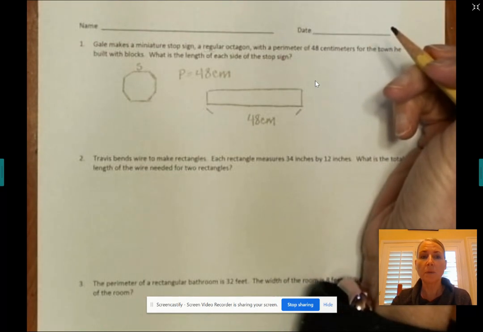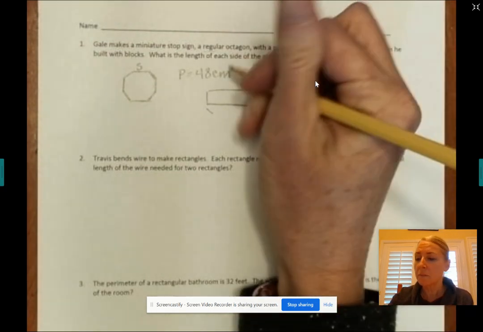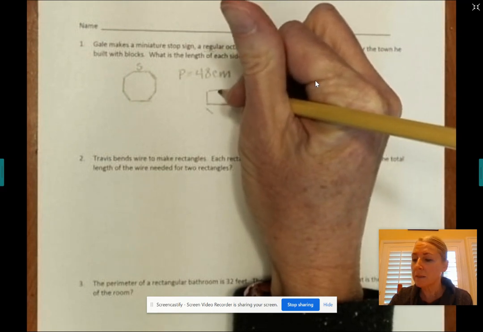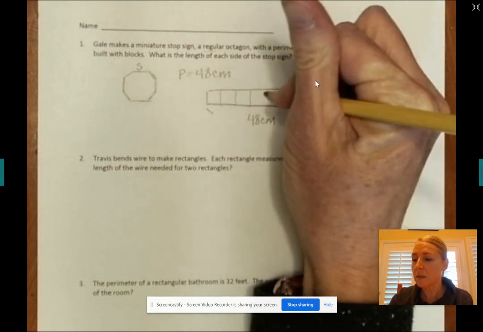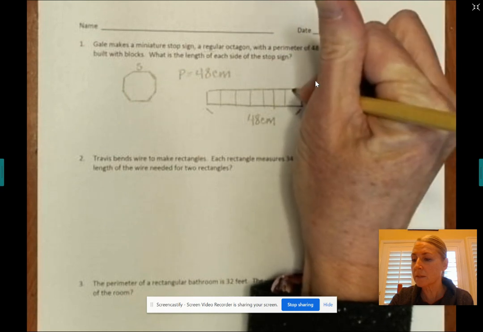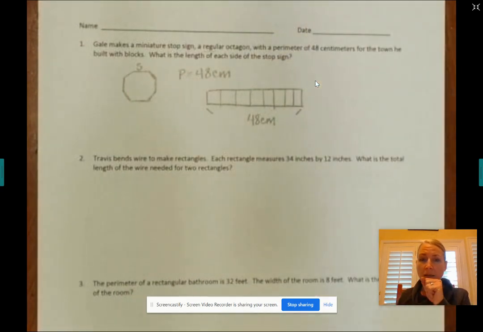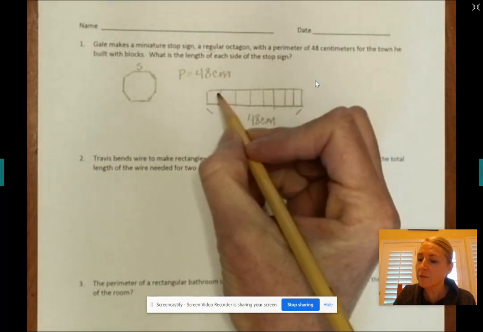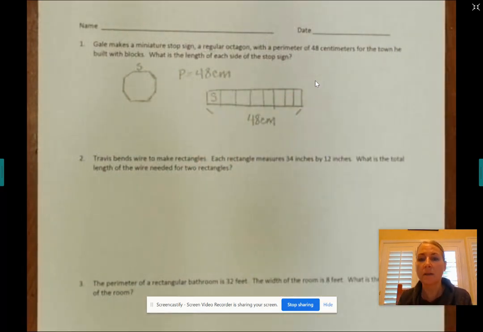So I would need to put in 7 cuts to my model to create the 8 spaces. 1, 2, 3, 4, 5, 6, 7. There are my 8 sections. If I don't know what goes in each of those, I would put my variable there, indicating that I don't know what all those spaces are equal to.